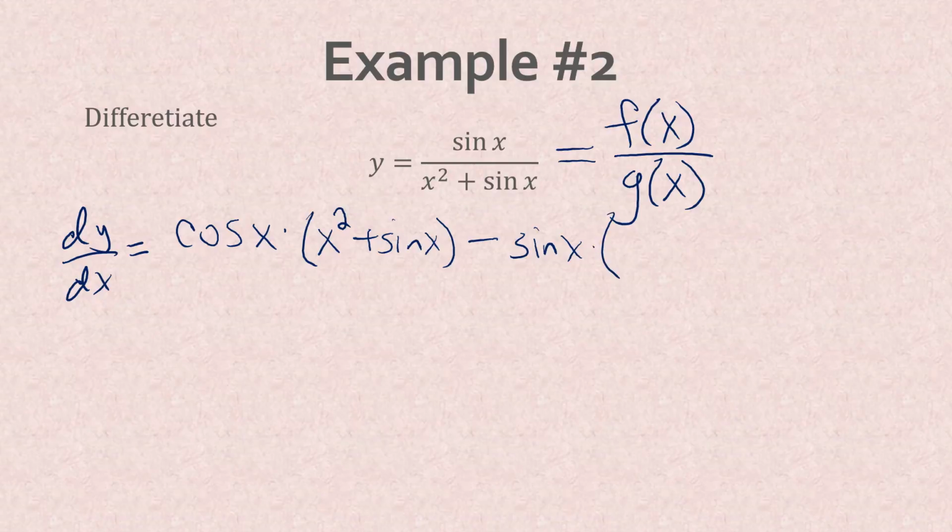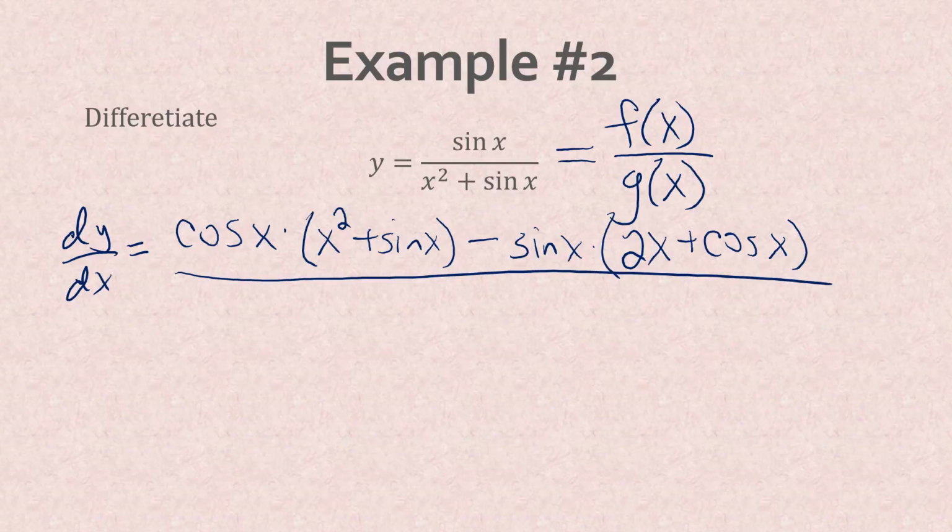The derivative of x squared plus sine x is 2x plus cosine x, and that is all over the bottom squared.